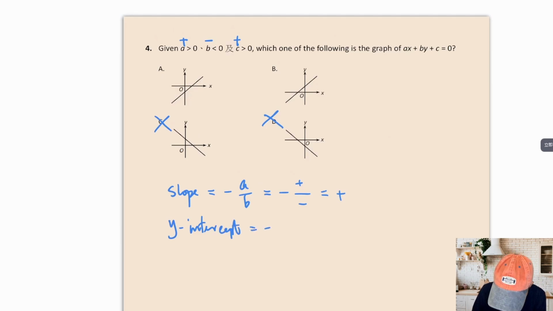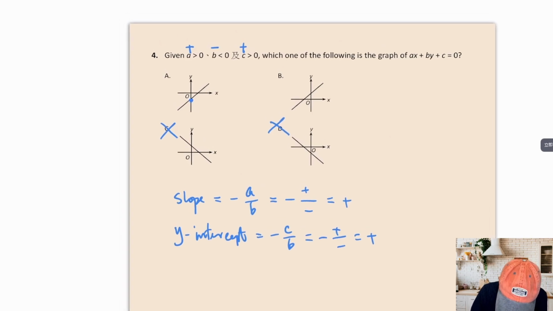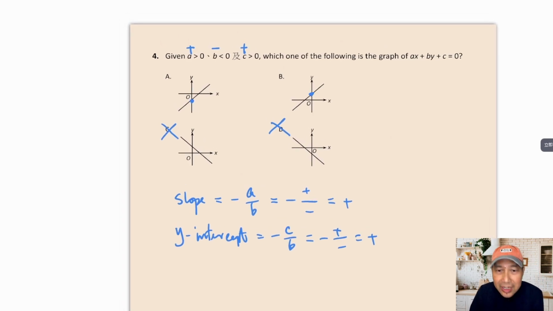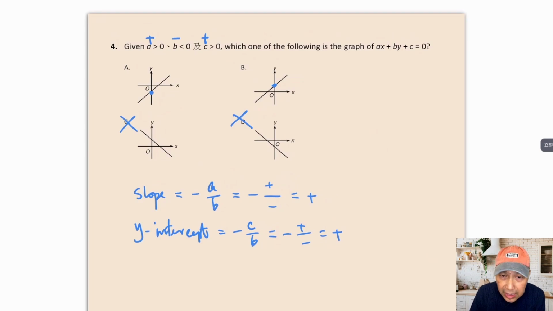It should be equal to negative C over B. Once again, C is positive, B is negative, so the y-intercept is a positive number. We consider the y-intercept. The dots are the y-intercepts. So obviously B is the answer because the y-intercept is above the x-axis. So the answer to this question is B.